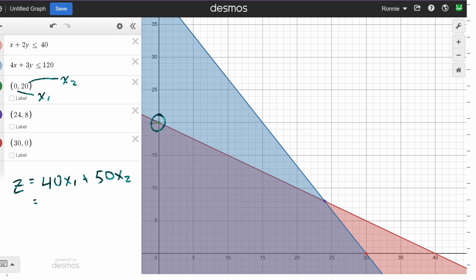So x sub 1 is 0, and x sub 2 is my y value, so that's 20. So I'm going to get 0 plus 1,000, right? So I get 1,000. $1,000 is the revenue at that point.